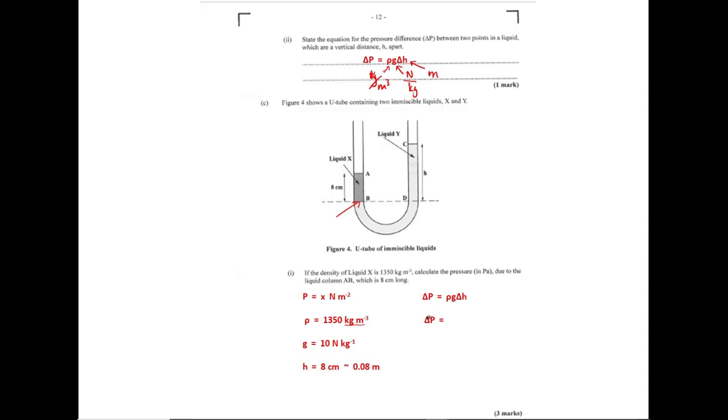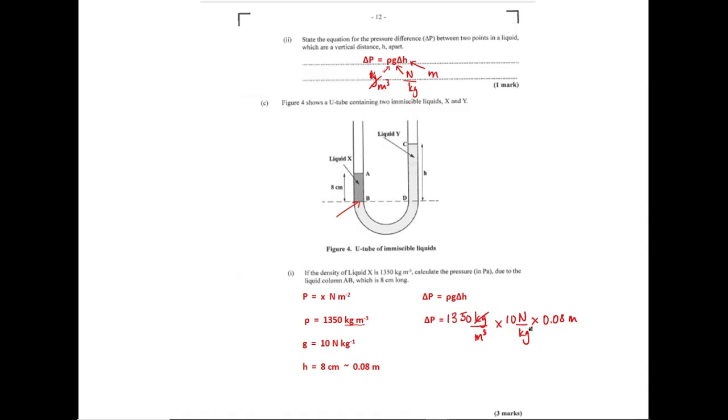So if you look at this now, we could put in our numbers. So the density would be 1350 kg per cubic meter, and then we put 10 newtons per kilogram, and then we multiply by 0.08 meters. Now look how nicely the units disappear.